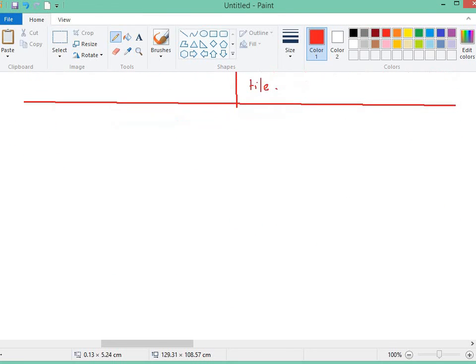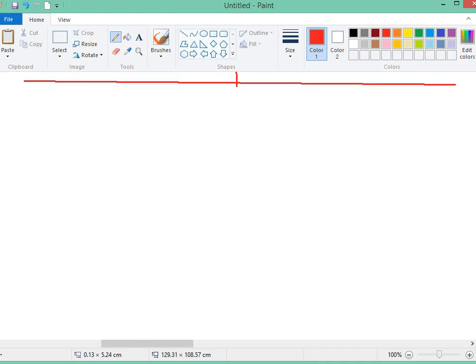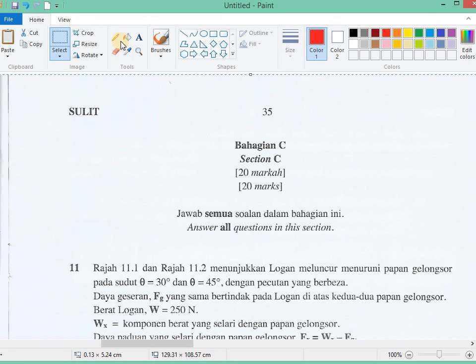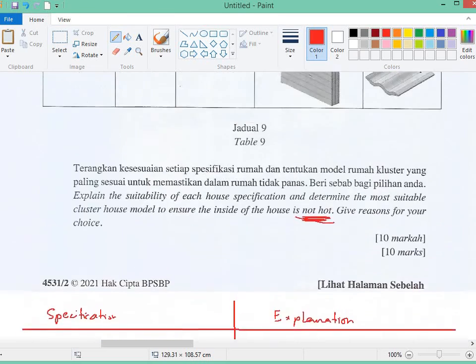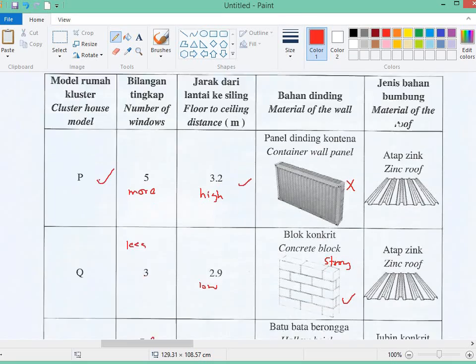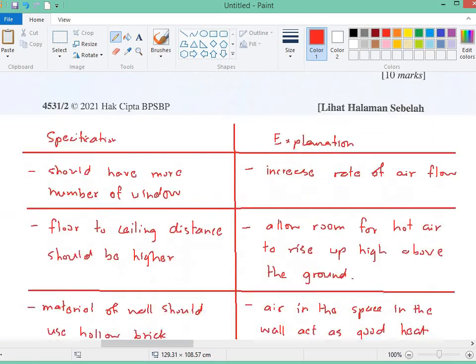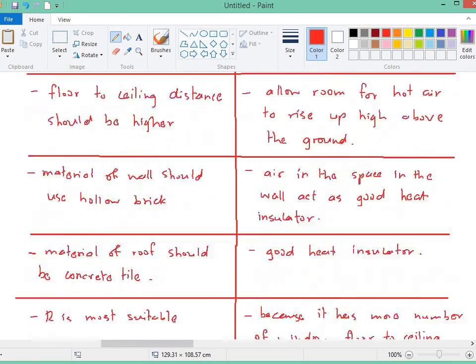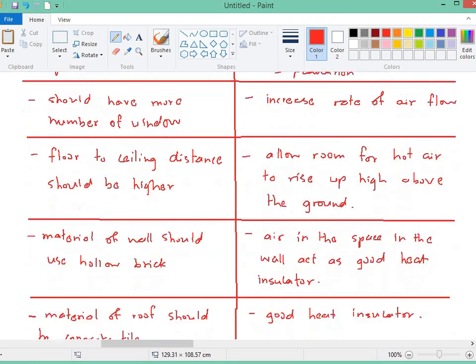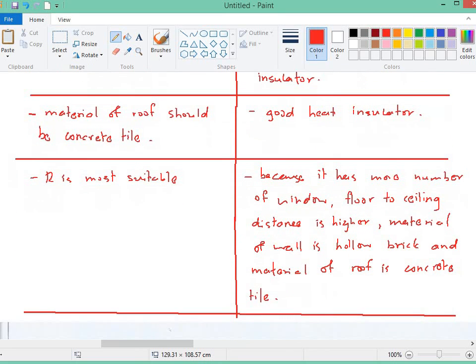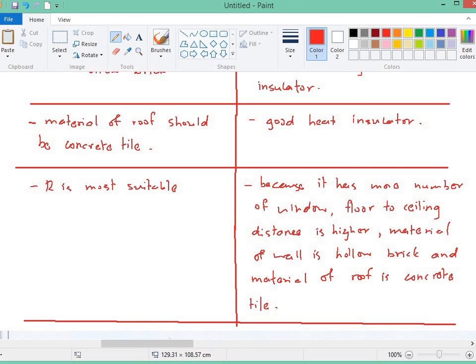I discussed one section B, one section C. Regarding section D just now, this is how we answer this type of question where they ask you to choose one of them. Please answer in table form.